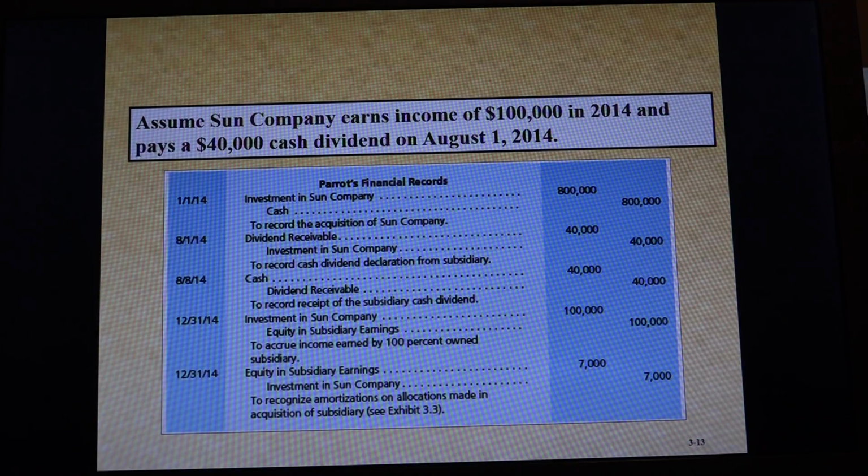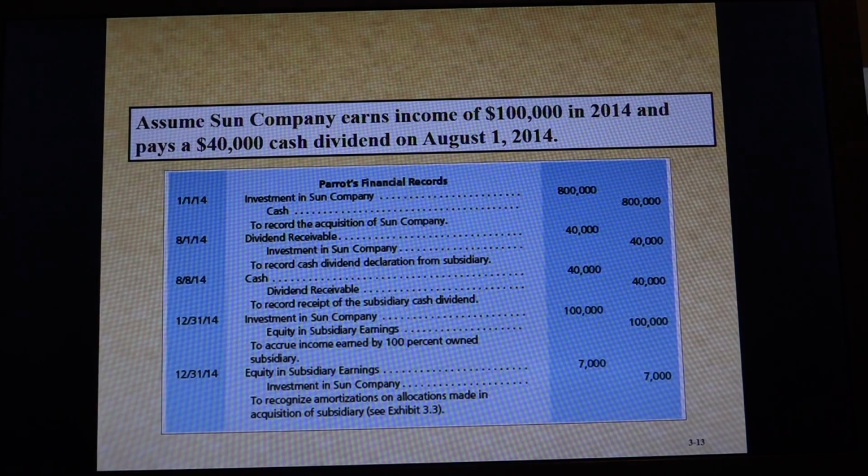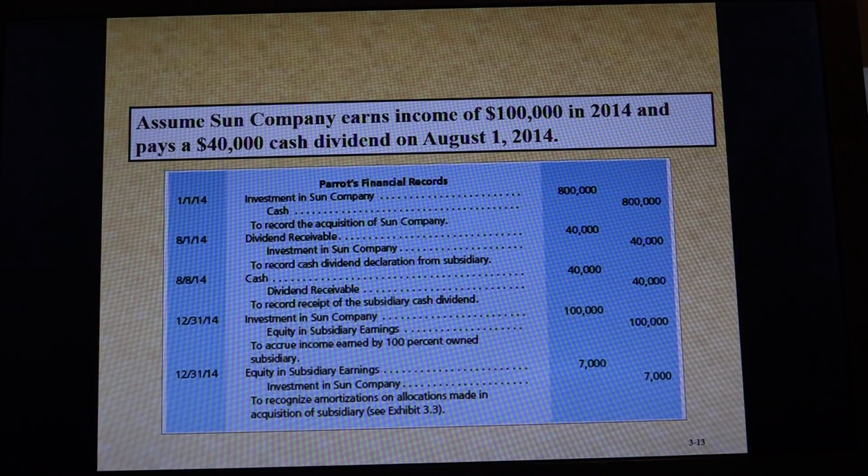Recall, parent company owns 100%, so they recognize in their investment account 100% of Sun Company's $100,000 income.